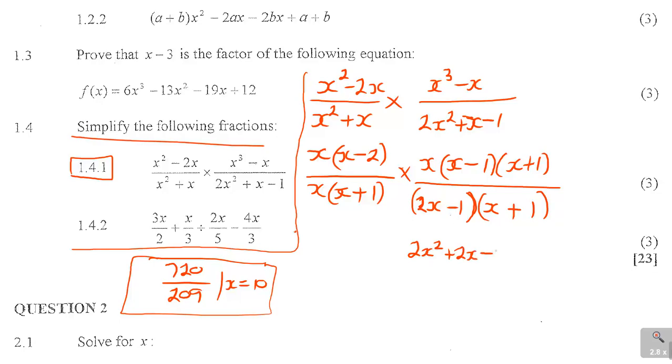Minus 1 times x is minus 1x. Minus 1 times minus 1. So this is 2x squared, 2x minus x is plus x, then minus 1. You can see that it gives me back to that.